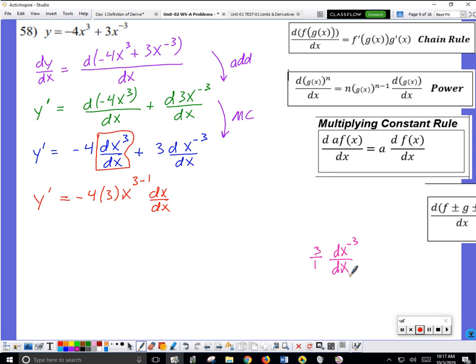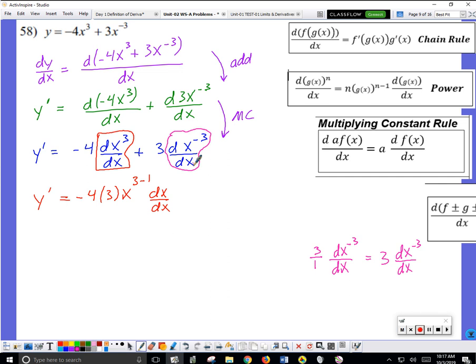That's fine. Or 3 multiplied by d of x to the -3 over dx. Same thing. It's just two factors being multiplied. One factor, here's another factor. But this can be transformed using a rule.